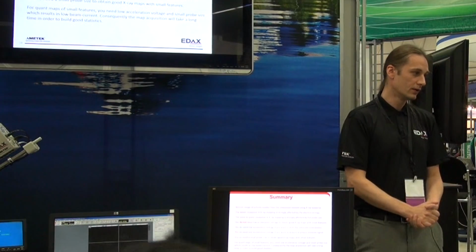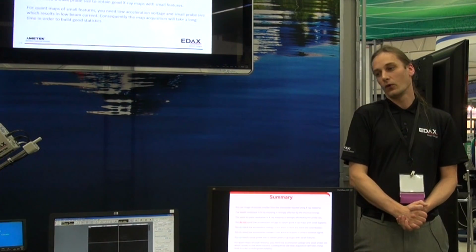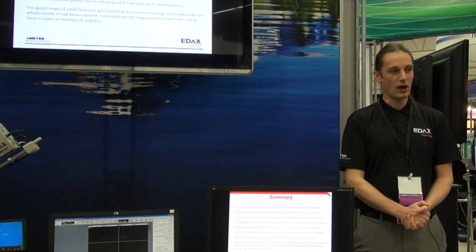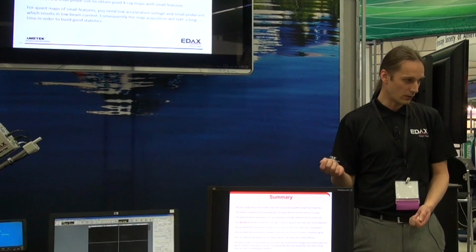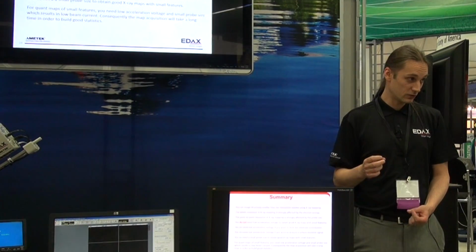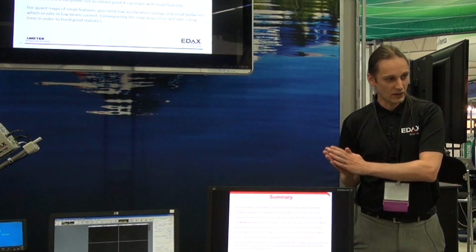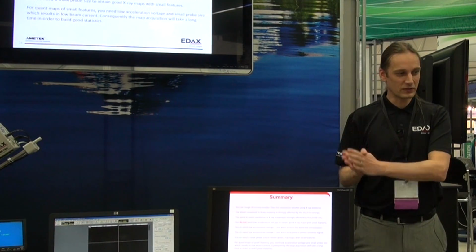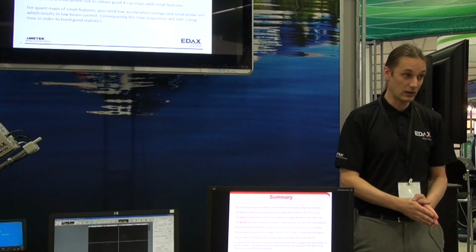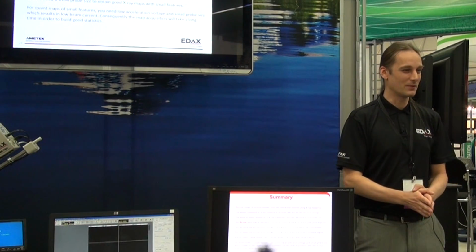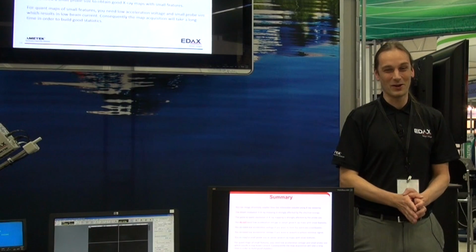So even if I can acquire a map where I can see my features nicely distributed in maybe 1 hour, depending on microscope settings and everything, if I wanted to do quantification on it, we're not looking at 1 hour anymore. We're looking at maybe 10 hours. That's not saying you can't do it, but statistics really matter if you're trying to do quantitative analysis. And that's probably something we'll be bringing up in another talk.